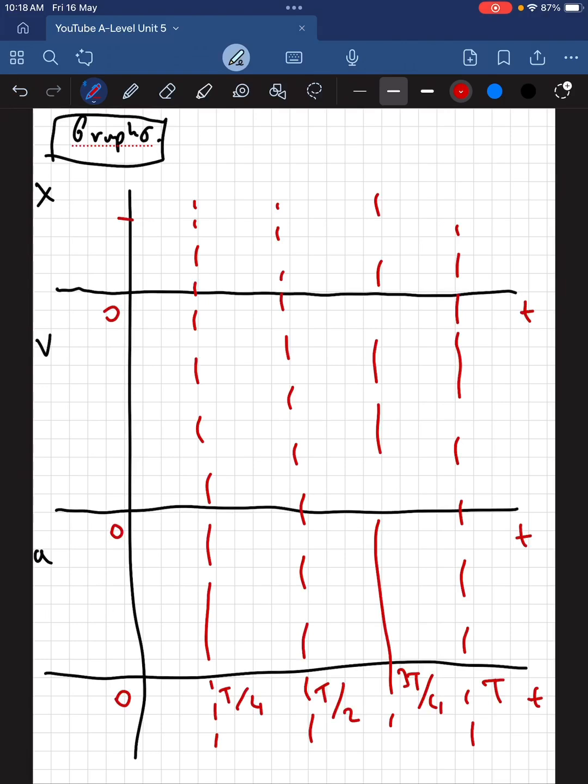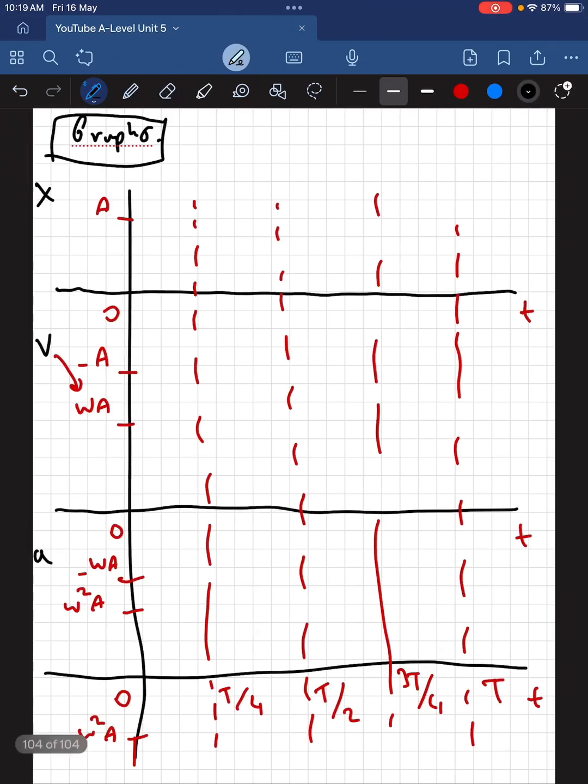So the maximum displacement is a and minus a. The maximum velocity is omega a. So this is the velocity, okay, and minus omega a. And for the acceleration, the maximum acceleration is omega squared a, and minus omega squared a. I'm sorry, this is a mess.